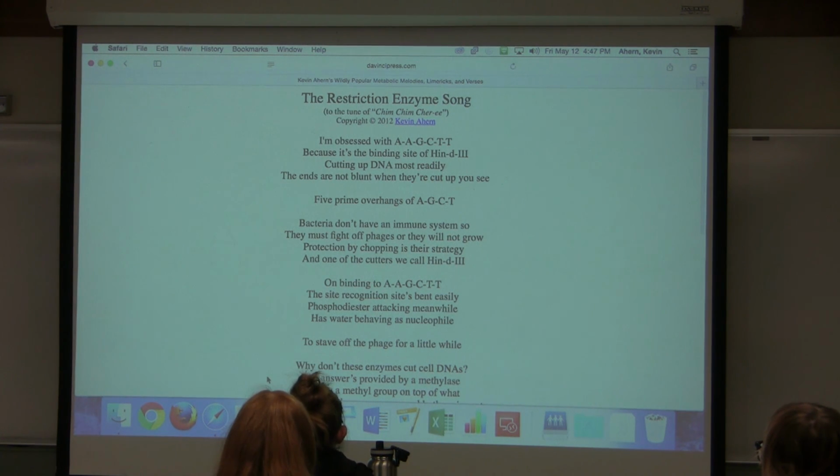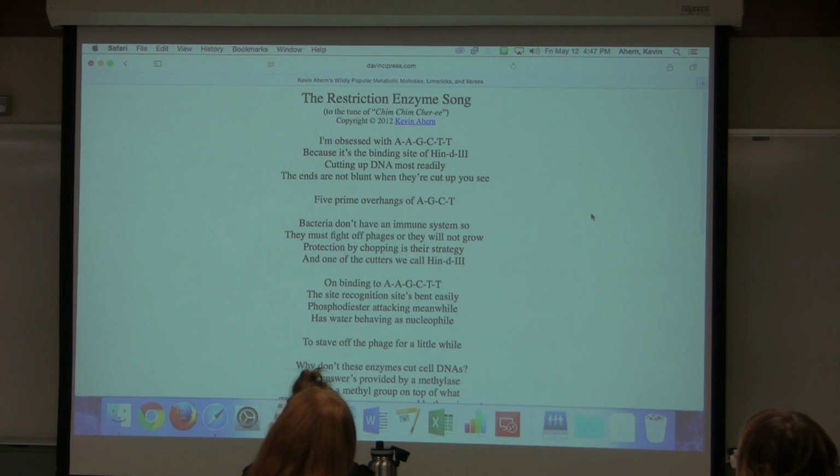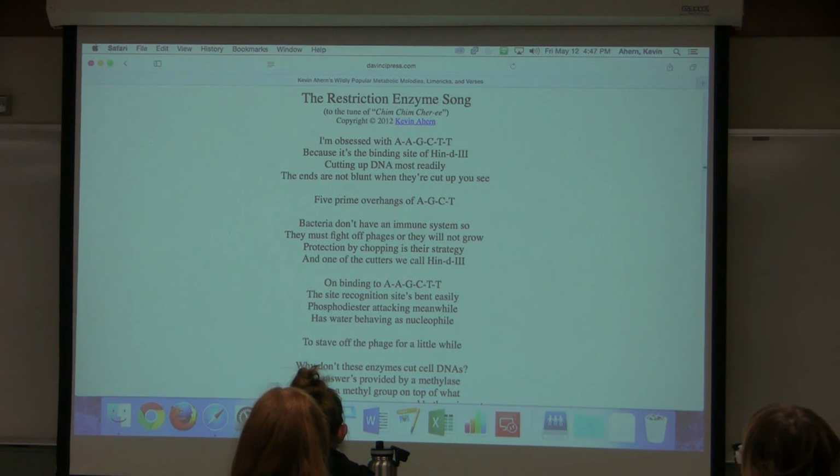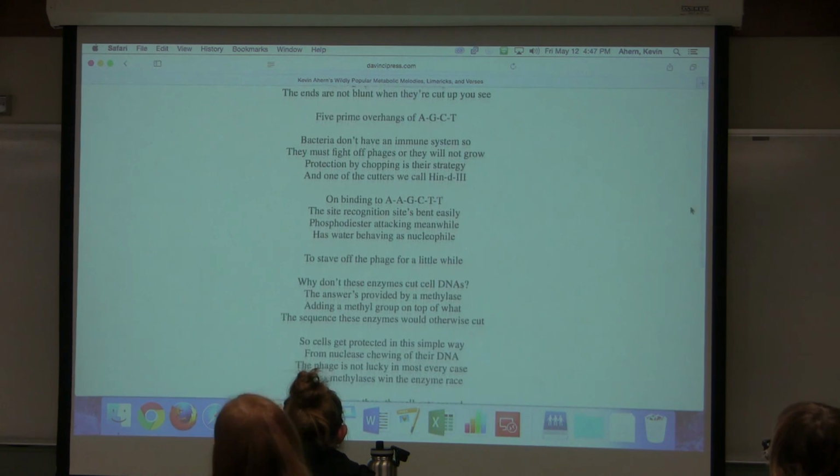I'm obsessed with AAGCTT because it's the binding site of HindIII, cutting up DNA most readily. The ends are not blunt when they're cut up, you see. 5' overhangs of AGCT. Bacteria don't have an immune system, so they must fight off phages or they will not grow.